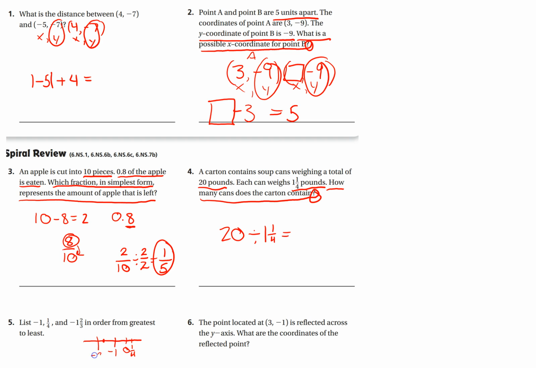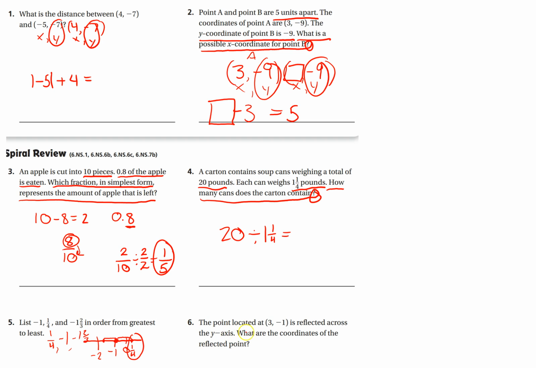Okay, almost to -2. So here's -1, here's 1/4. Remember, the further left you go, the least. The further right you go, the more valuable. So this is the furthest number to the right, and I want greatest to least, so greatest is that. And then just going back, the next is -1, and continuing back, the next is -1 2/3.